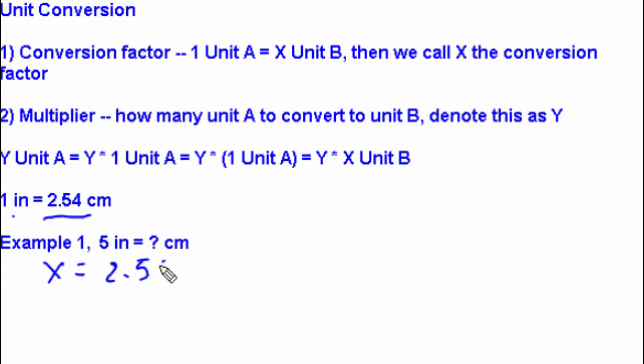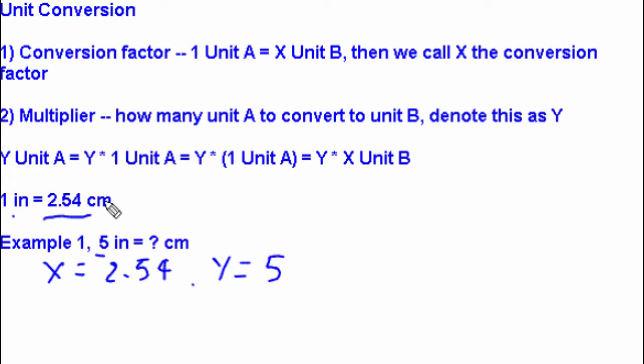And then our multiplier is what? In this particular problem, we want to figure out 5 inches is equal to how many centimeters. So 5 here is our multiplier. So here y is equal to 5.